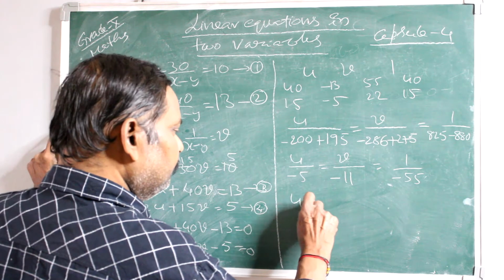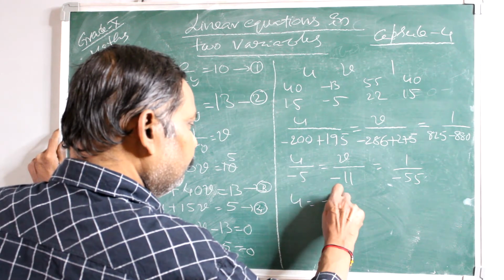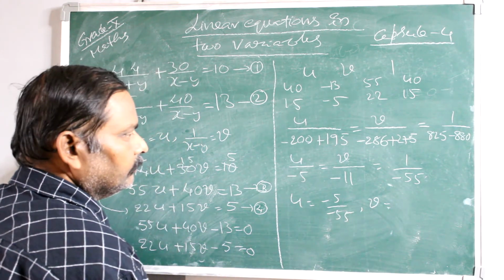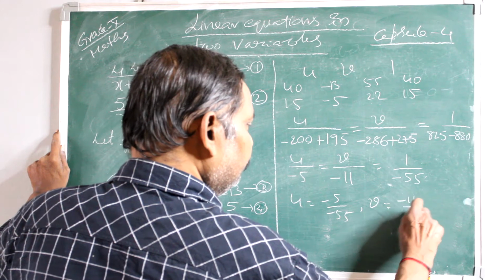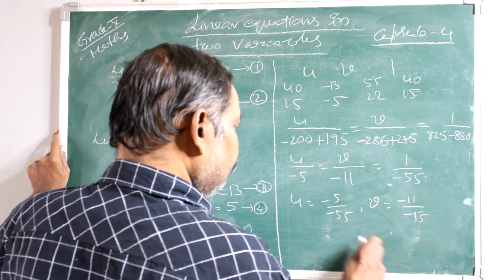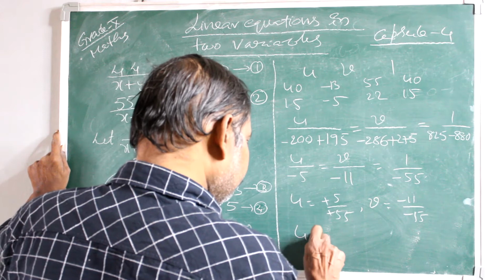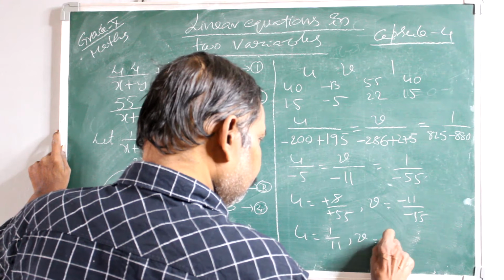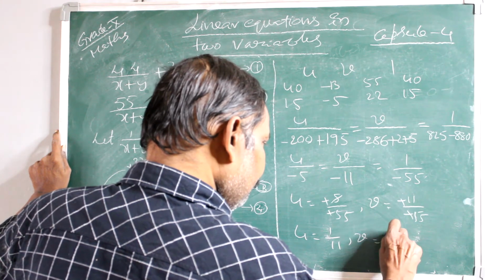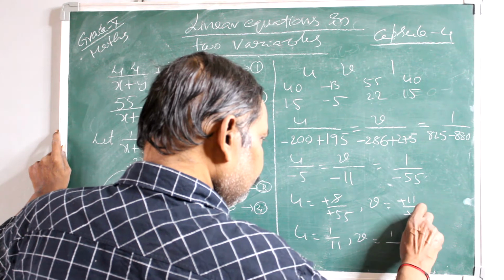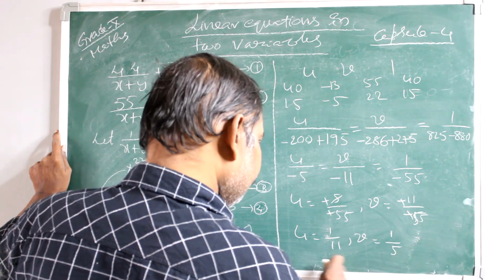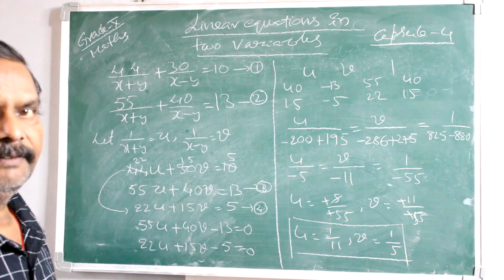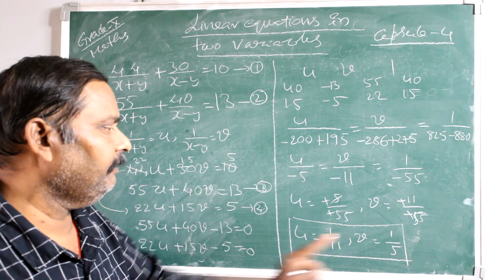So u is equal to minus 5 by minus 55 and v is equal to minus 11 by minus 55. Minus minus cancels to plus, so u is equal to 1 by 11 and v is equal to 1 by 5. So this is the first part. You got the u and the v values.